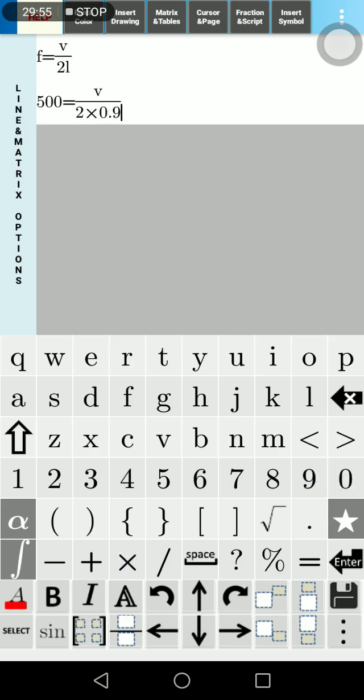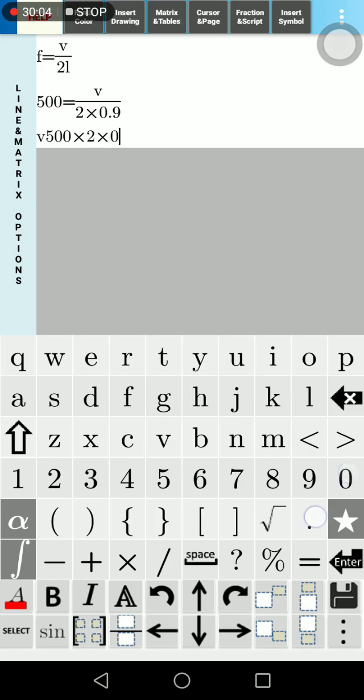So you can find V for that first case scenario. Cross multiply, you have 500 times 2 times 0.9, which at the end will be 900. So 900 meter per second was the velocity in the first case scenario.